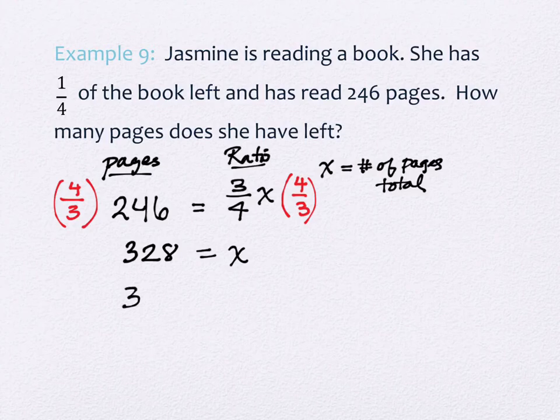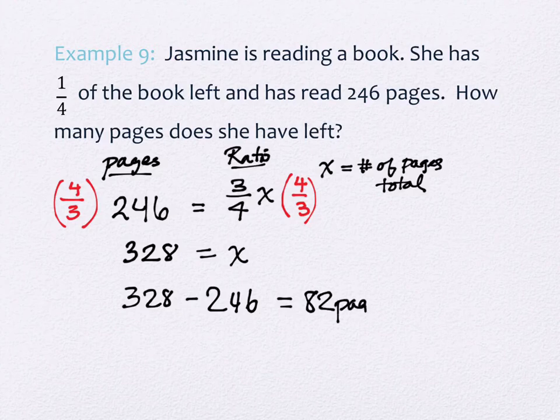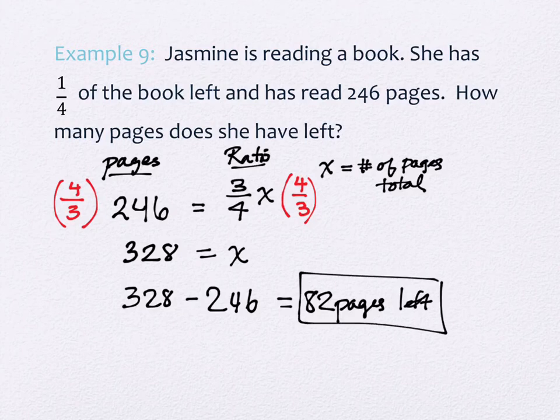Yeah, I can subtract the 328 minus the 246 that she's read. And how many pages does she have remaining? 82. There are 82 pages that she has left to read.